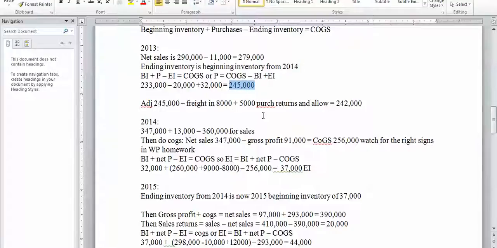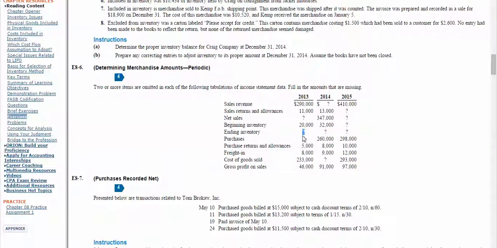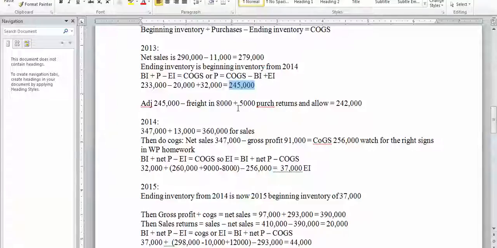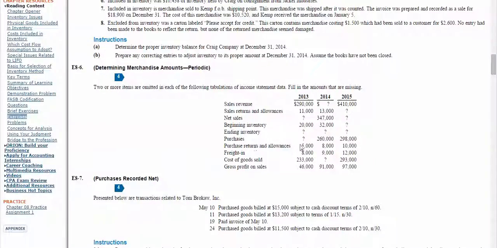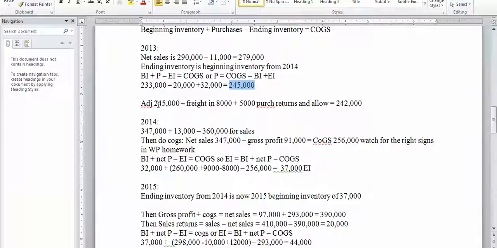That is our purchases, except for one thing. We have to adjust that because we have purchase returns and freight in. So we take the 245 minus the freight plus the returns, because we're going backwards. Instead of adding the freight and subtracting the returns, we're trying to back into the beginning number.